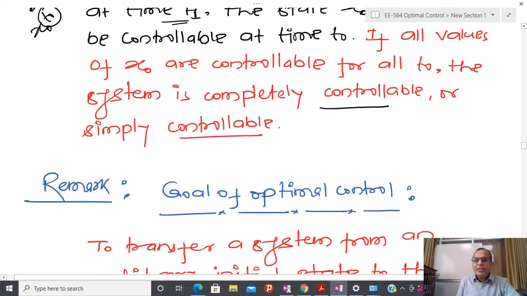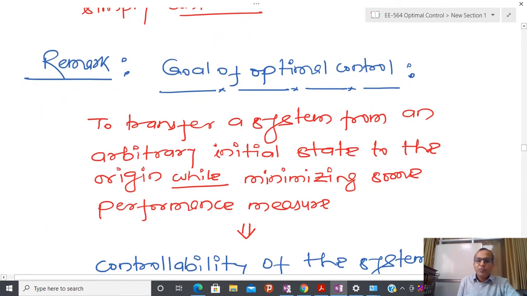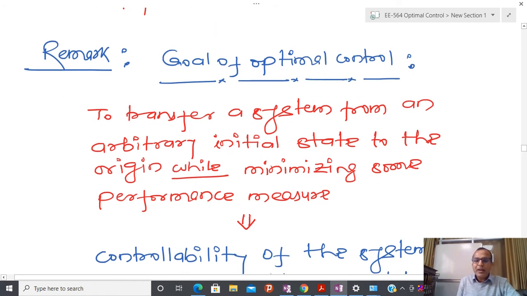Now let us see why this definition is relevant for the optimal control problem. What is the objective of the optimal control problem? Our objective is to transfer a system from an arbitrary initial state to the origin, most of the time the origin, or some other point that is not the origin, which is also possible.